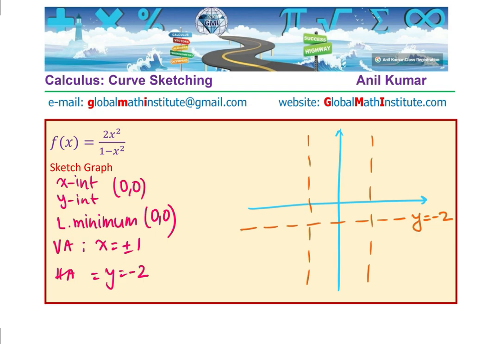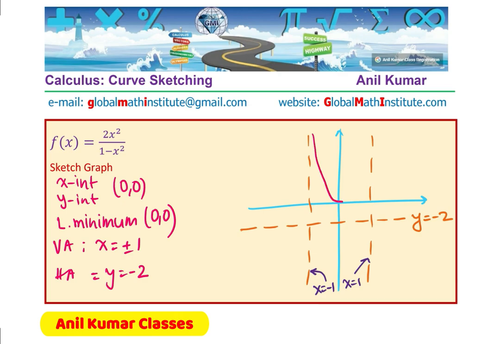And these are your vertical asymptotes, x equals 1 and x equals minus 1, right? In between, it is concave up with local minimum at 0. And here, it is concave down, right?